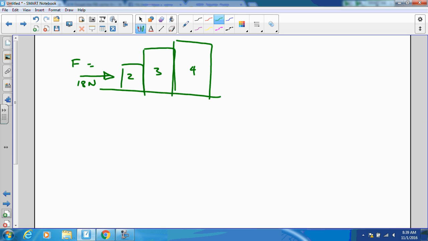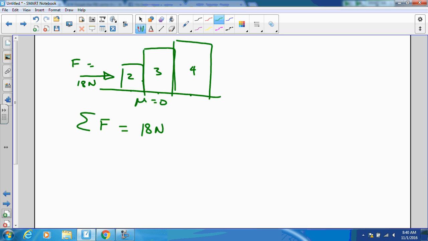So let's consider now a system analysis of this entire thing. Is there a force of friction? No friction. So mu equals 0. Excellent. Then if we do a system analysis, the mass of the whole system is 9 kilograms, and the net force on that system is 18 newtons, period.